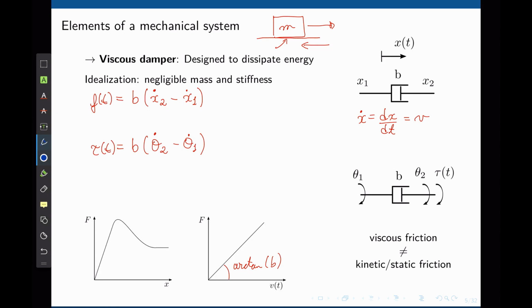The unit for the viscous friction coefficient is Newton second per meter, and for the rotational system is Newton meter per second. And again, notice that this curve for static or dry friction depends on the position, whereas here we are dealing with speed.